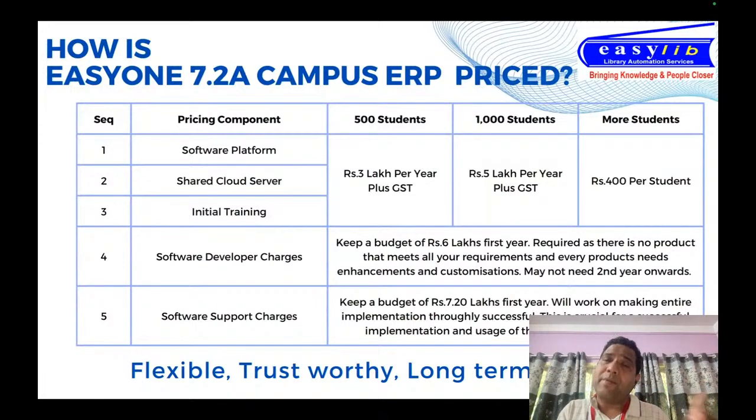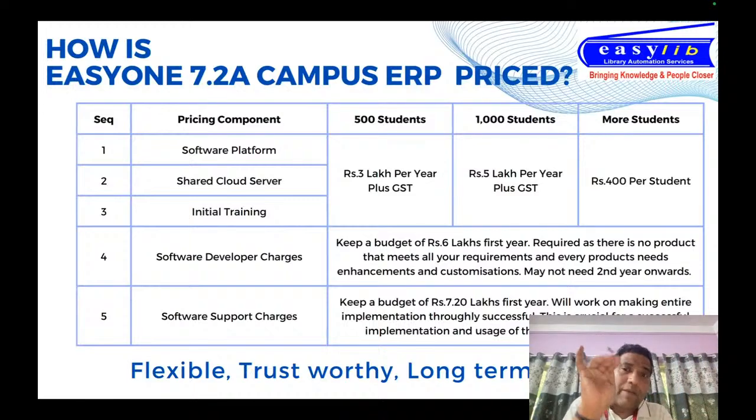Again, imagine the amount of the fees collected and the amount of money you are spending over here. In the worldwide standard, it is about 3%. But when you go with Easylib, it's only 0.6%. So we are very confident our price is the lowest in terms of total cost of ownership, not only this piece.